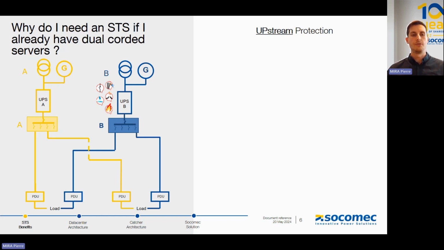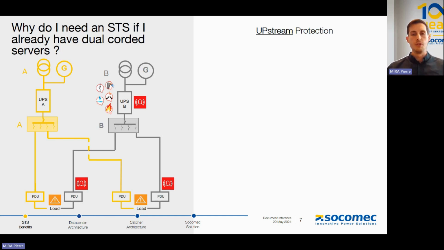In the case where you don't have a static transfer switch, what will happen is you will lose your UPS, and at this moment, the UPS will not be able to power the PDUs downstream. So your PDUs will be off. You will not have any more power on your PDUs.